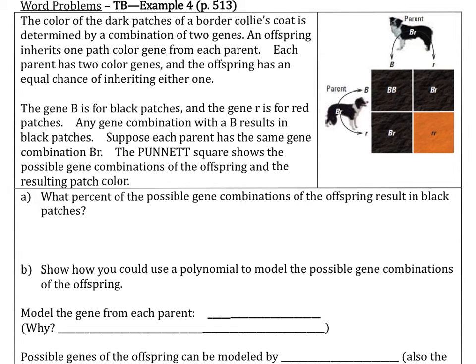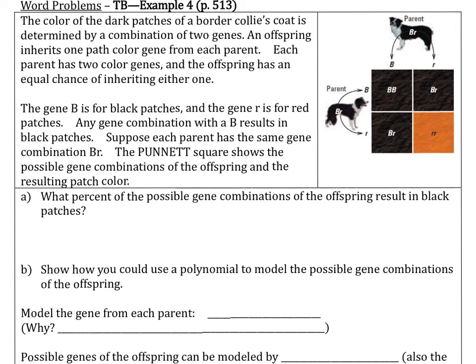And just to review, the big B we call the dominant gene. And the little r would be the recessive. Okay? And let's see, part A. What percent of the possible gene combinations of the offspring result in black patches? Well, there's 4 possibilities.